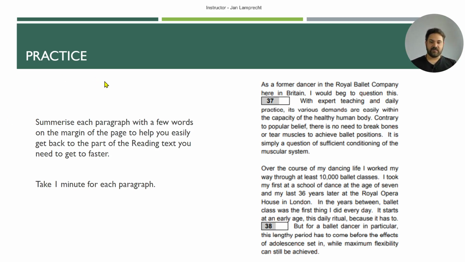So now, alrighty then, you have to take a moment, read this, and summarize this paragraph with a few words, only a few words. Do the same with this one. Take a minute. I'm going to read through it too. When I'm finished reading, we'll continue.